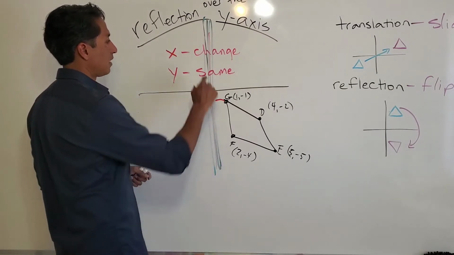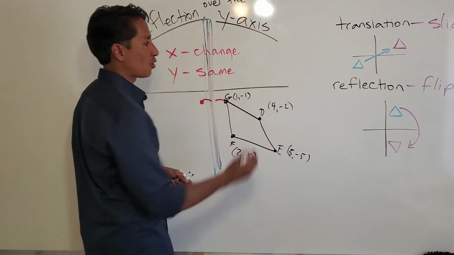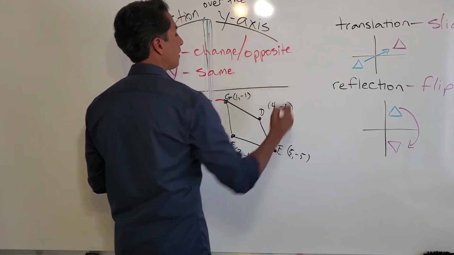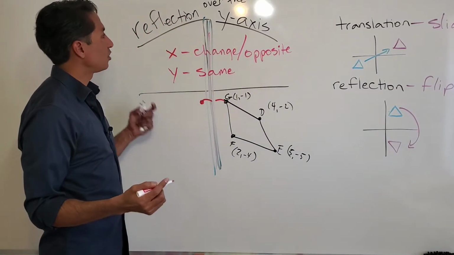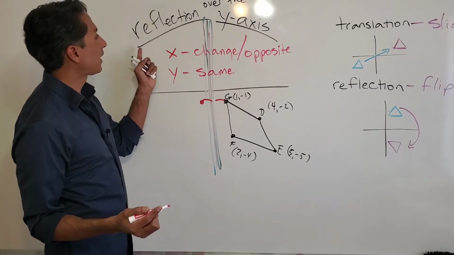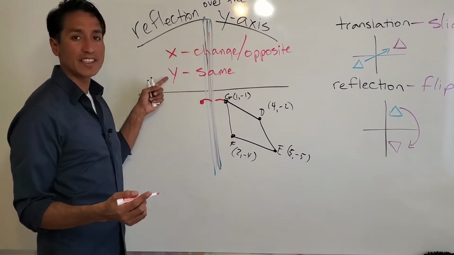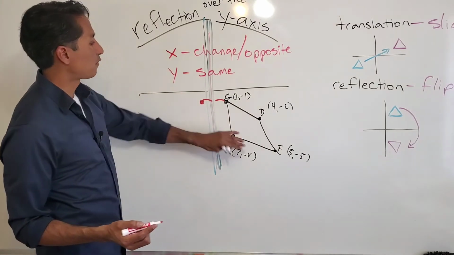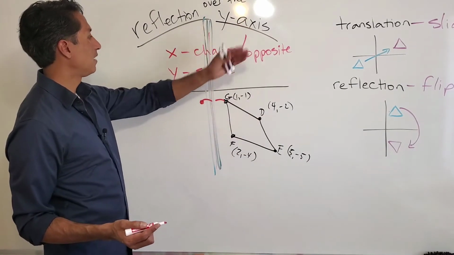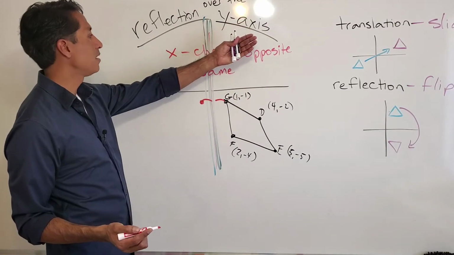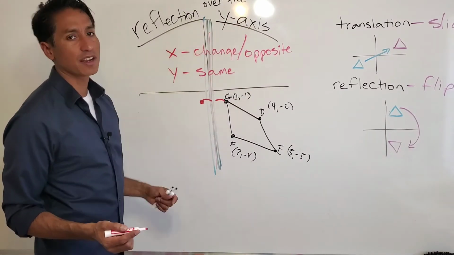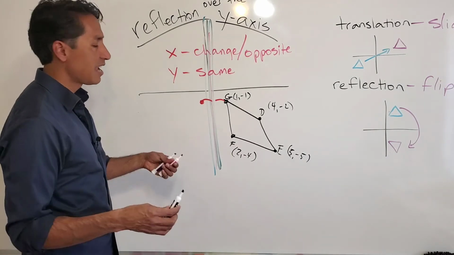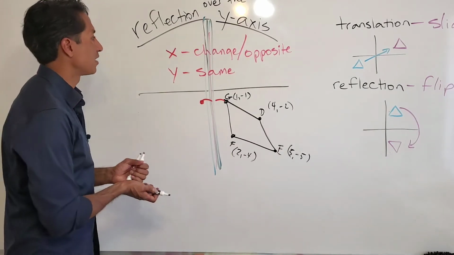The x values are going to change, or be the opposite. If we're reflecting over the y-axis, then the y stays the same and the x's are going to be opposites. If we flip it over the x-axis, then the x's stay the same, but the y's are going to change. Maybe that sounds kind of weird. That's how the book likes to do it. It makes sense as you start to practice.